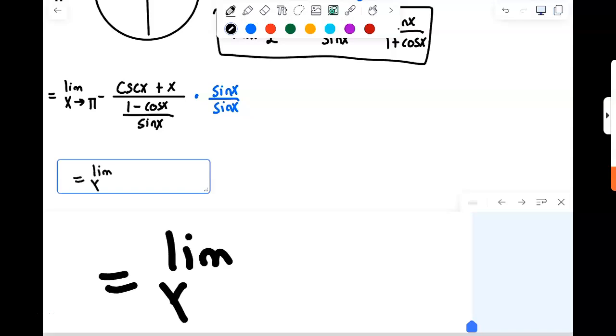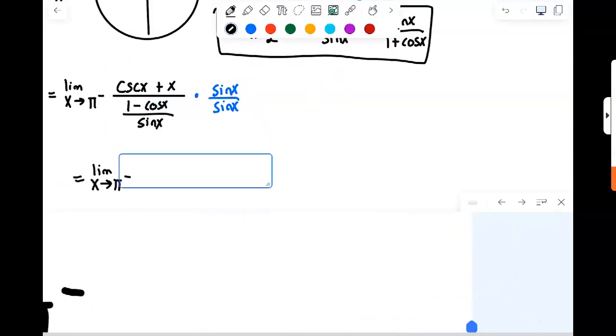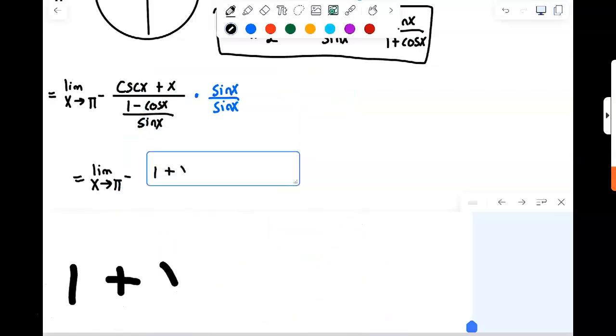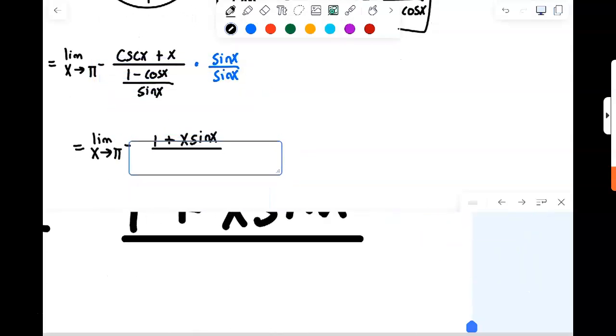Limit as x approaches pi from below, sine times cosecant. Well, sine and cosecant just cancel each other out. It'll be 1, plus sine times x, so it'll just be x sine x. And in the bottom, I'm going to have just 1 minus cosine x.